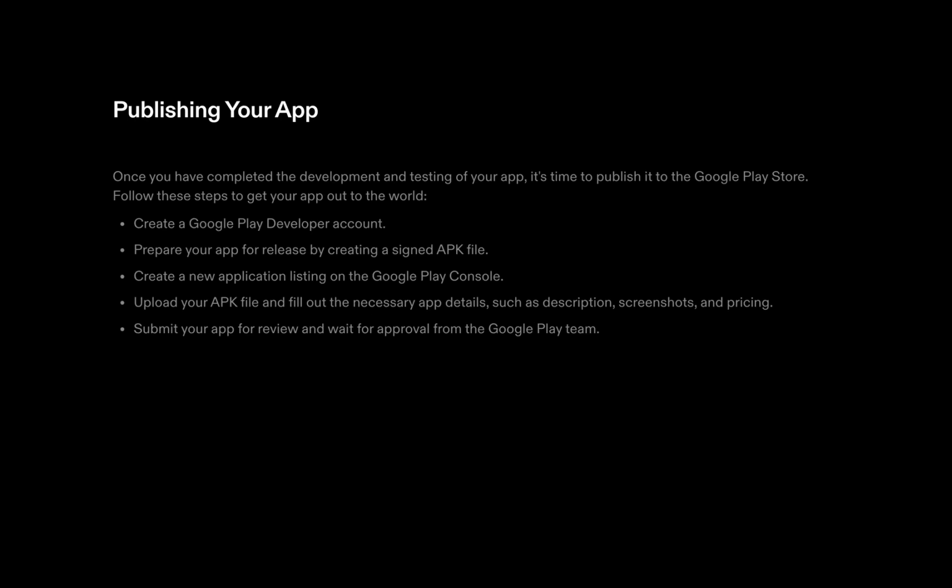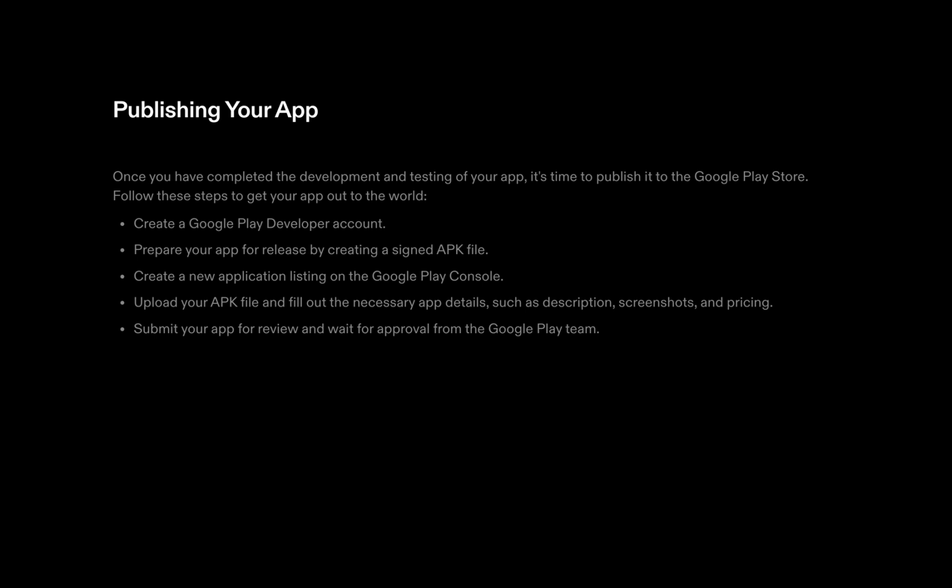After this, we're going to publish our app. Once we have completed the development and testing of our app, it's time to publish it to the Google Play Store. Follow these steps. Create a Google Play developer account.